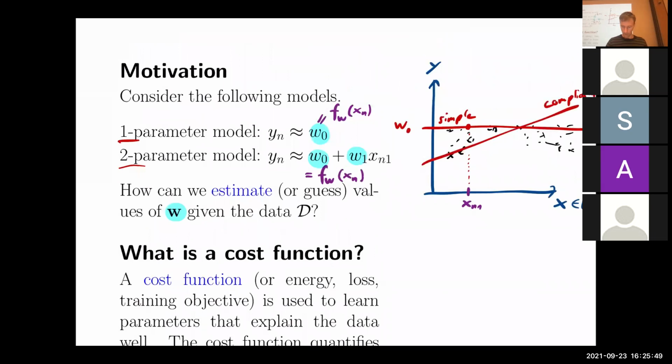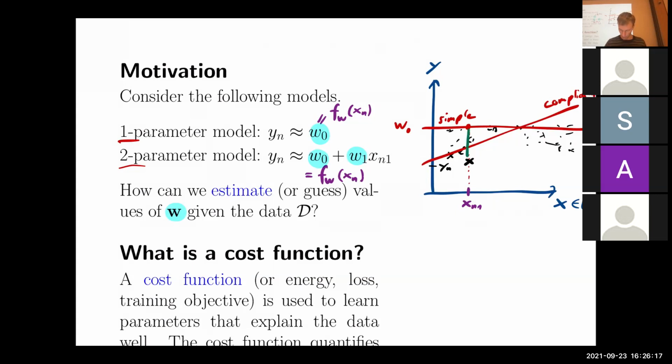So what the cost function will depend on is, if my data point is here, it will try to measure how far away my model is from the data. And by data, I mean the value y it should be, right? The label I want the model to predict, the true label, is called yn. And the model is not perfectly giving that yn, right?